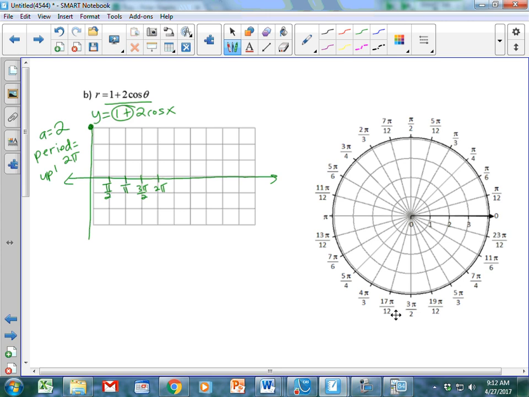Cosine of pi halves is 0. Thank you, good. 2 times 0 is 0. 0 plus 1 is 1, so at pi halves, we're at 1. What about at pi? What's the cosine of pi? Negative 1. Negative 1 times 2 is negative 2, plus 1 is?